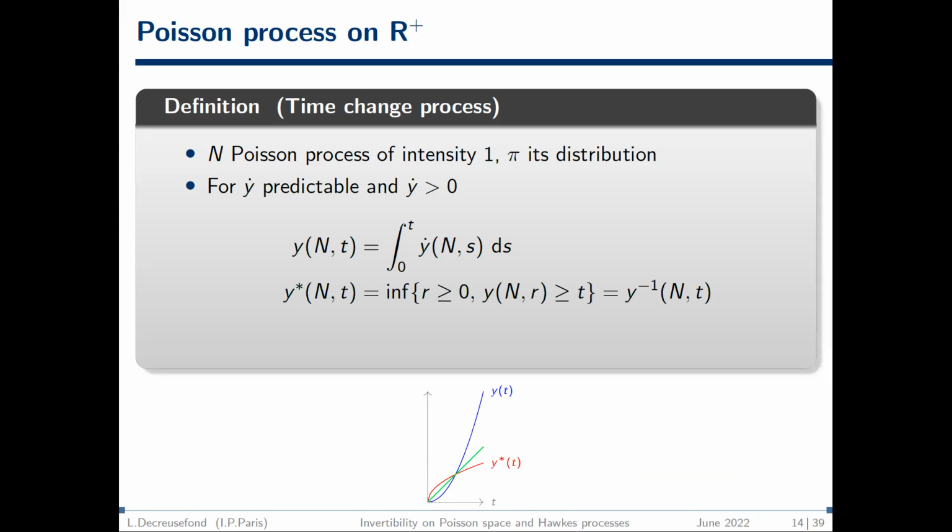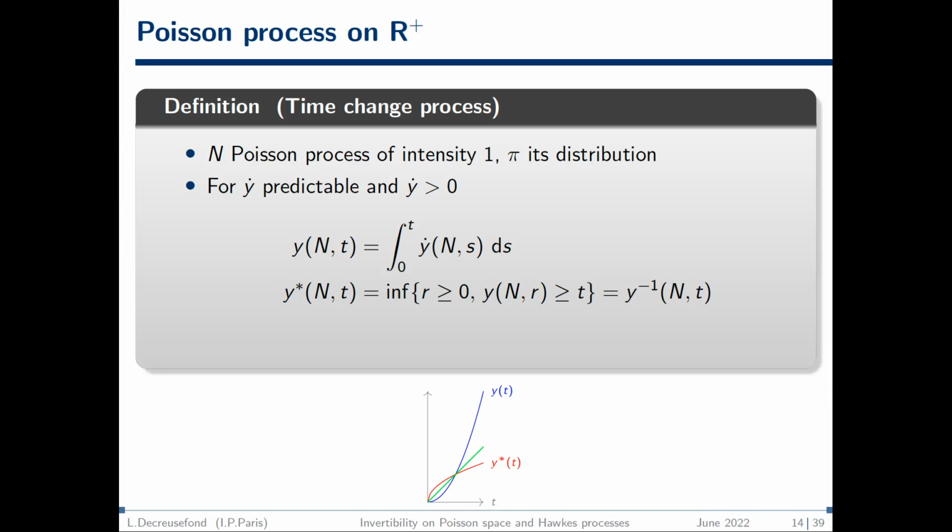And you assume that it is positive. And you consider its integral, and you consider its inverse. At the beginning, I was using this inverse. In the end, it turns out that it is the y minus 1. But at the very beginning of my computation, I chose y star, and I kept y star.